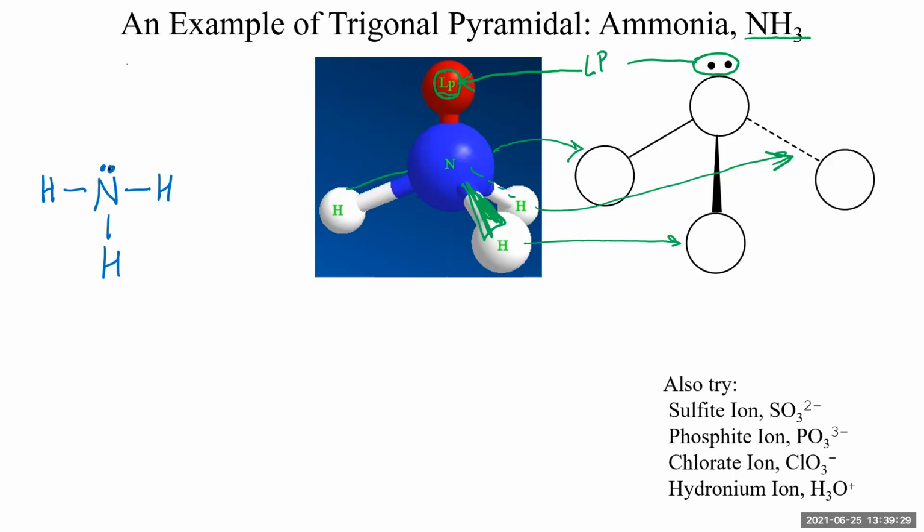Okay, so let's see, we have 5 electrons from nitrogen, and we have 3 hydrogens, NH3. So the subscript 3 indicates that there are 3 hydrogens and 1 nitrogen. That equals 8 electrons. Let's see, do we have 2, 4, 6, 8 electrons? So this is a perfectly valid Lewis dot structure.